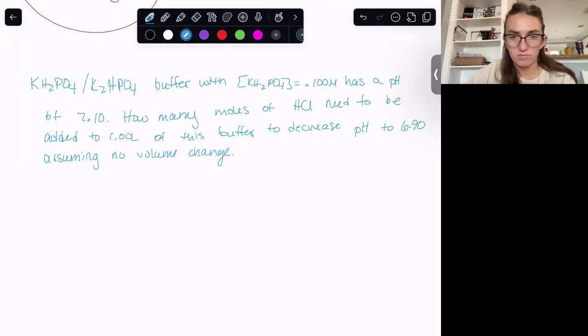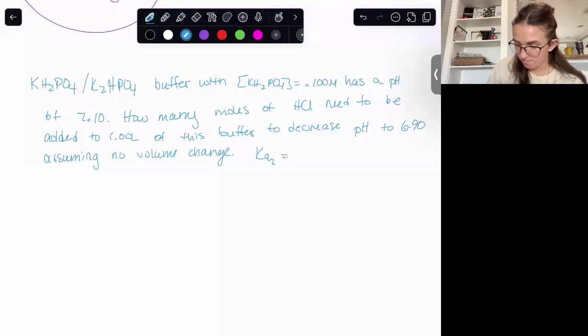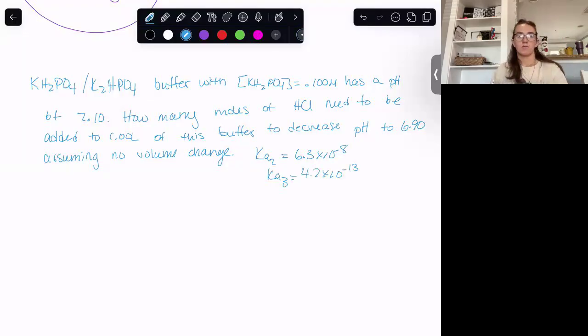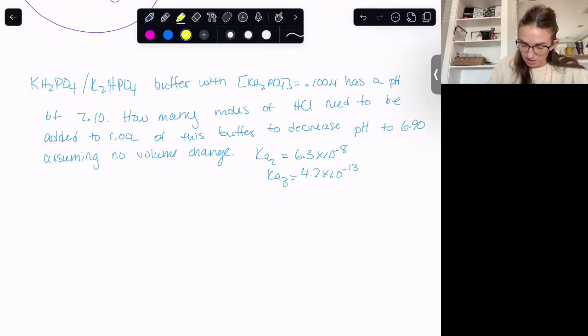Okay. So the big thing that you need to start with here is that we have Ka2 and Ka3. The big thing that we need to start with is that we're given a buffer that has KH2PO4 and K2HPO4.